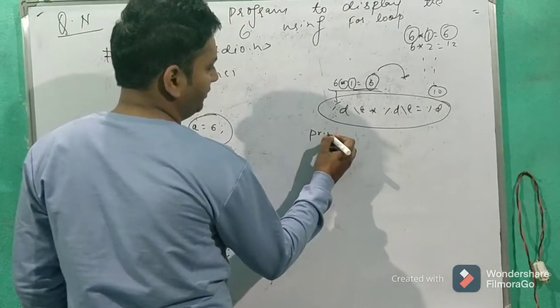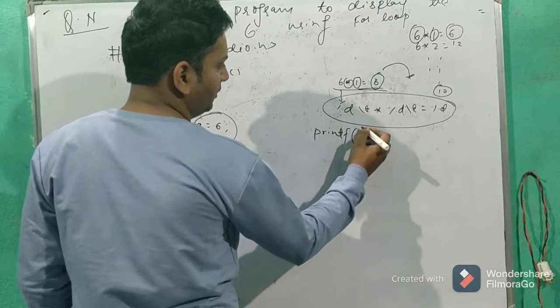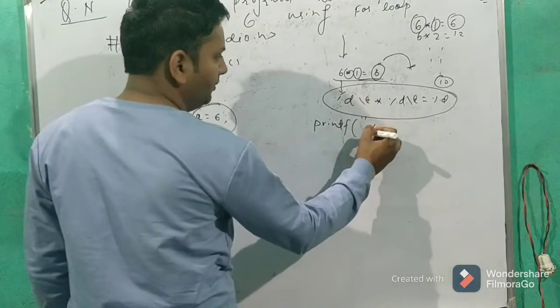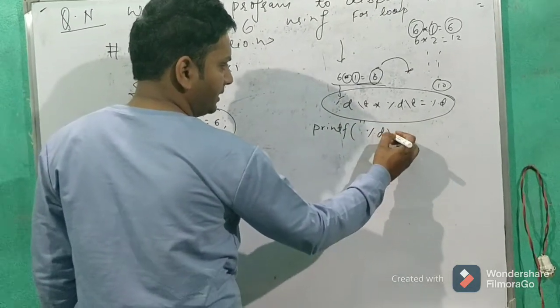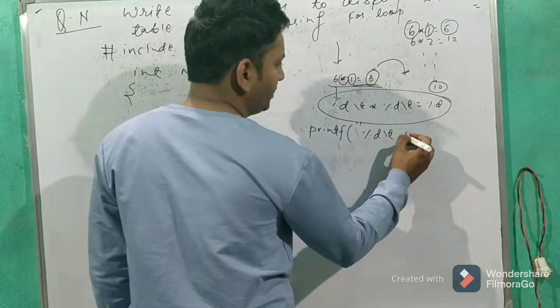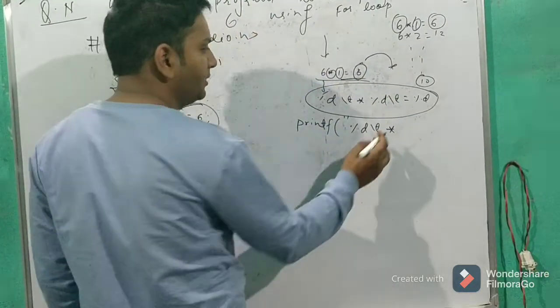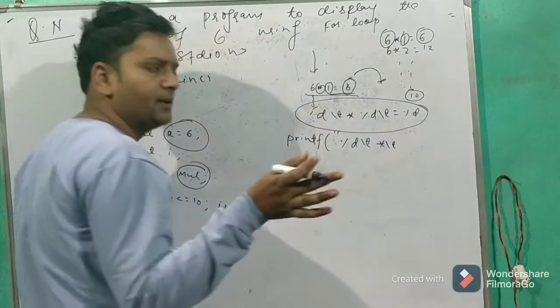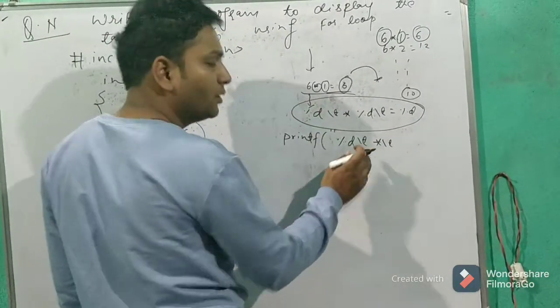printf. First we want a number, so first we write percentage d slash t. Then we want the star. We have to print a star, so we write the star followed by slash t. Why am I writing slash t? For a space. If you don't want it, you can remove it from here.